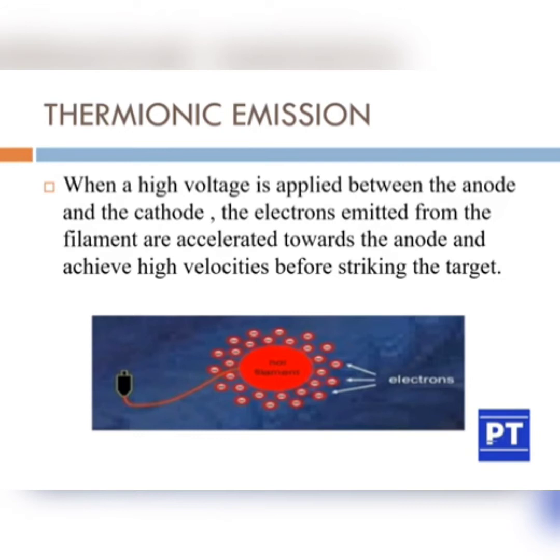The filament gets heated up, producing the electrons, and we have a focusing cup in the area of the cathode in order to focus the electrons towards the target. The electrons move from the cathode towards the anode. The anode is the target material, and from there X-rays are produced.